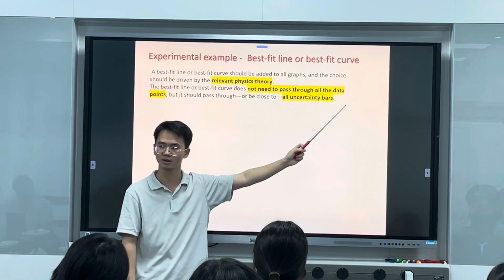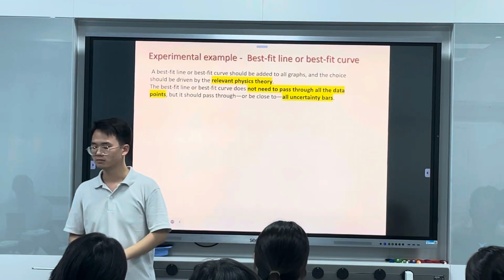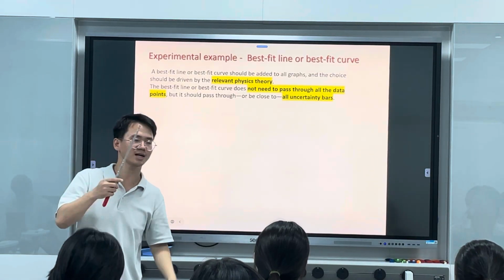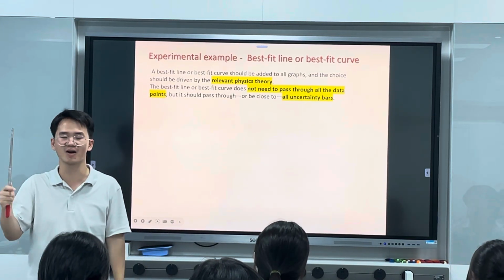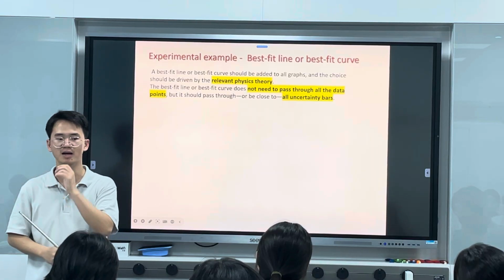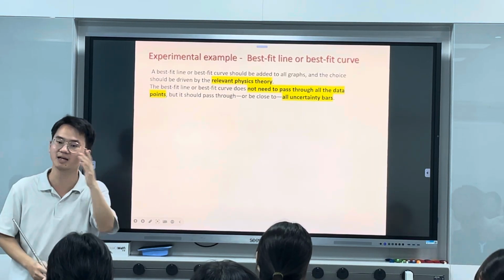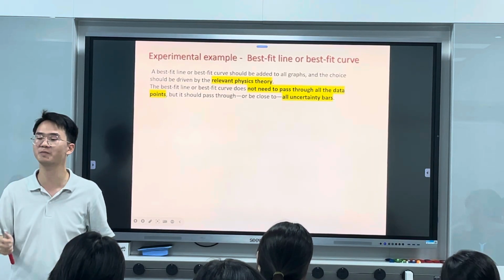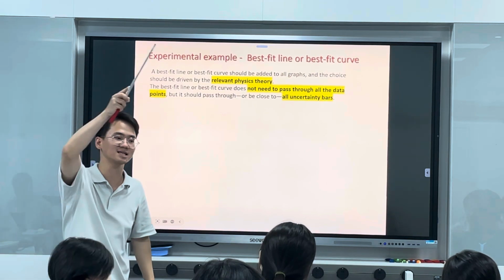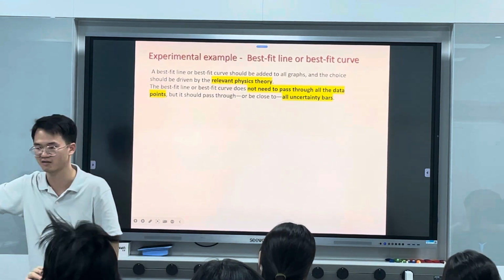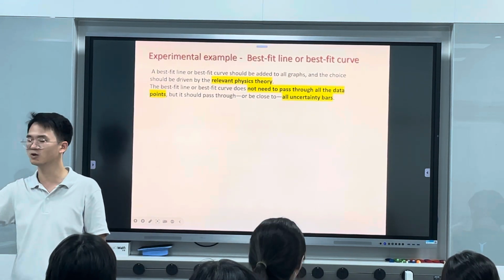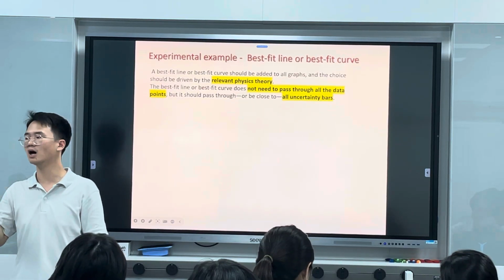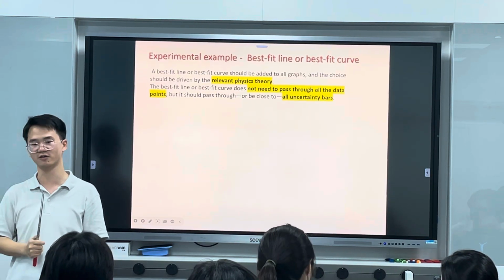Okay? So when you look at best fit line, don't just directly assume it's going to be a straight line. Okay? It could be sometimes, it depends on the context. So you need to be careful if it's asking you to actually draw a best fit curve. Okay? This could be a trap. You need to analyze the context carefully.